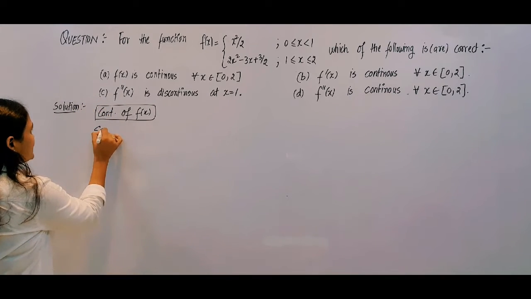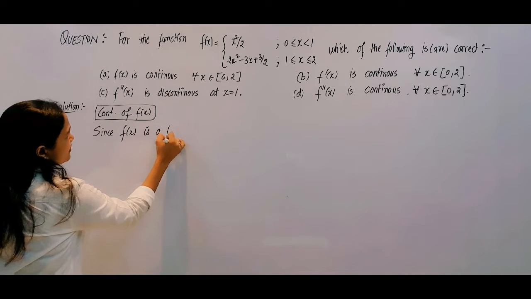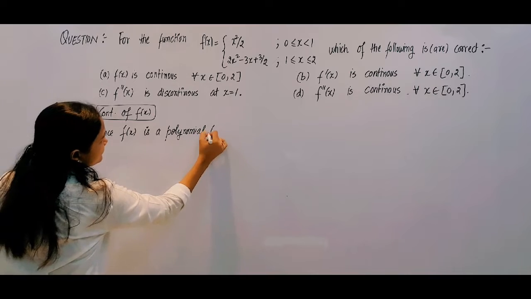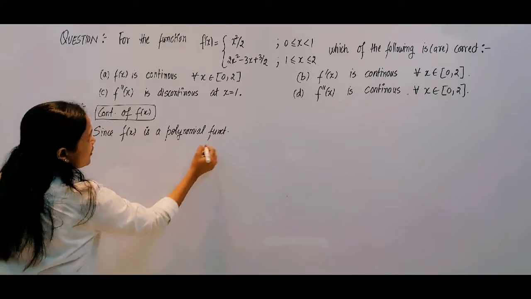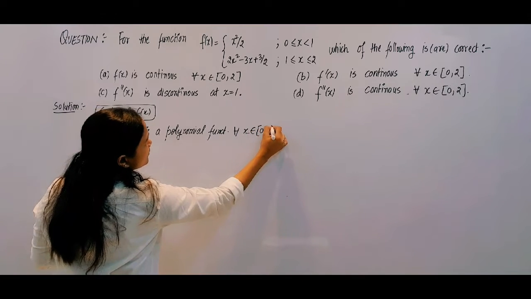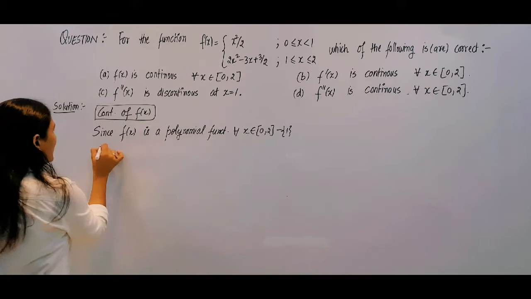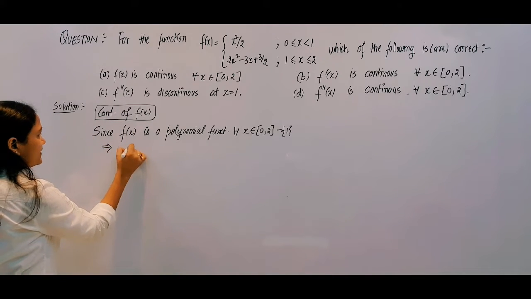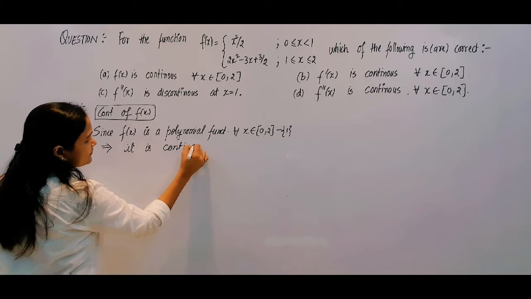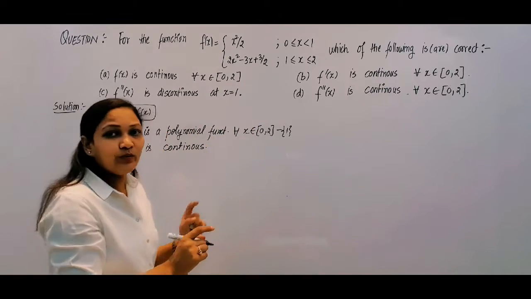So since f(x) is a polynomial function for all x belongs to 0 to 2, 1 को छोड़ के, that implies it is continuous. और continuous है तो you have to just check continuity at x is equals to 1 here.